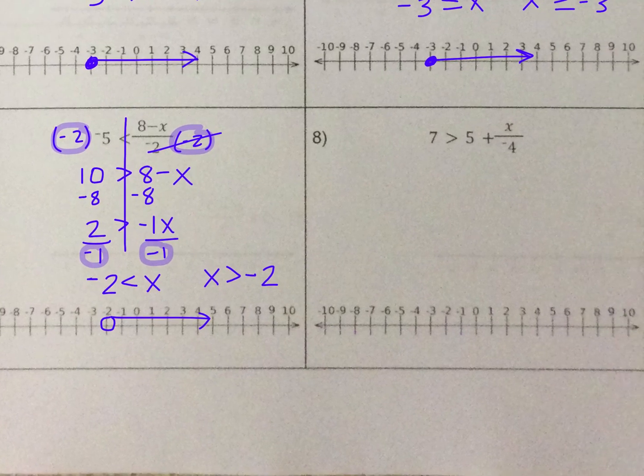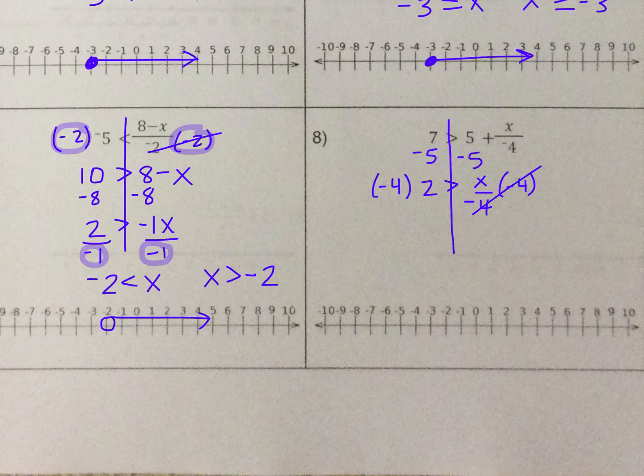Number 8. The first thing I'm going to move, this guy right here, he's stuck together right now, so we do not move him first. We move the 5 first by subtraction. 2 is greater than x over -4. To move that -4, I'm going to multiply because he's being divided.